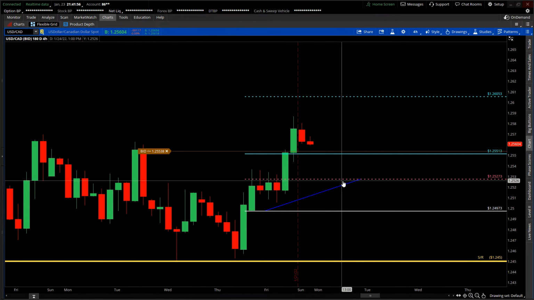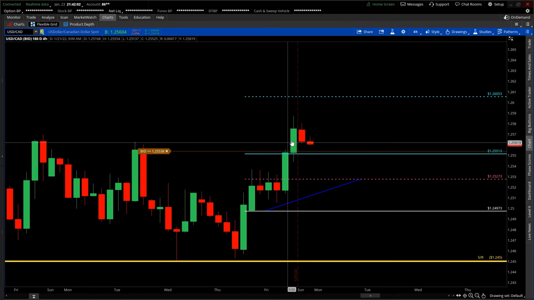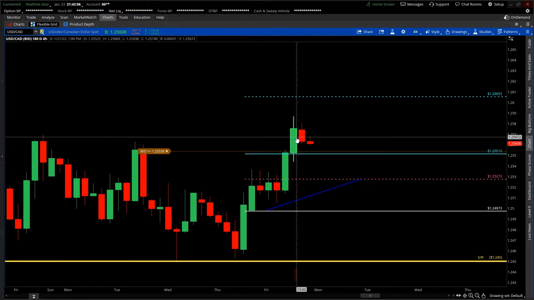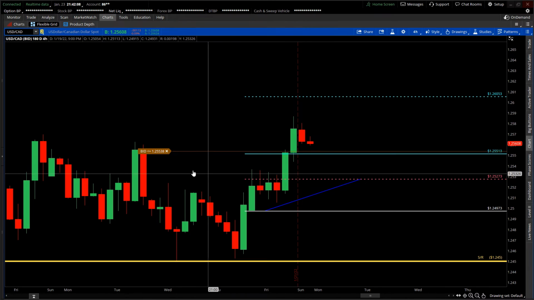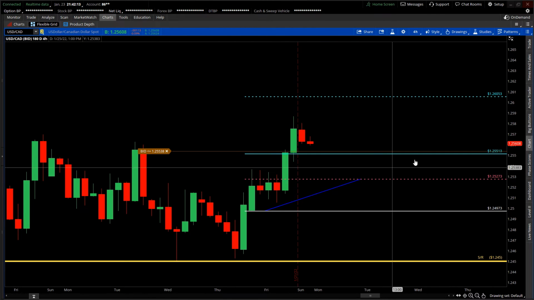So this is my new stop that I'll place before I go to bed tonight. Now that this pair has started trading, the FX market's been trading since 6 o'clock this evening. So yeah, I'll leave that alone there for now. But that's the status of the trade.